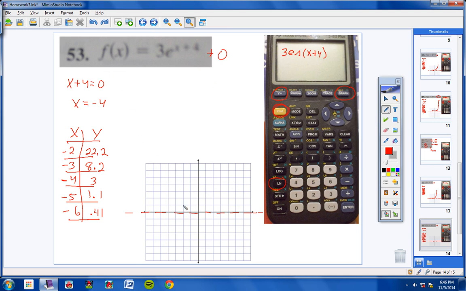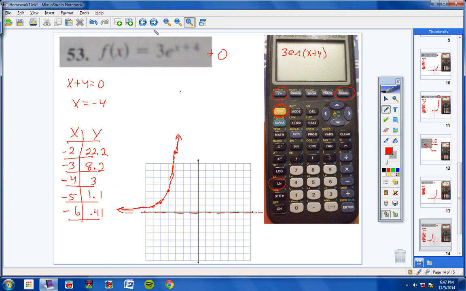Negative 2, up way over here, negative 3 would be 8.2, negative 4 would be 3, negative 5 would be 1.1, negative 6 would be 0.41. So we can see the curve taking place here, coming down a little bit. And there we go. Really pretty simple, not too bad, students, okay?